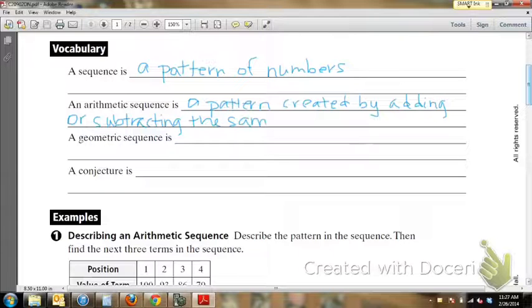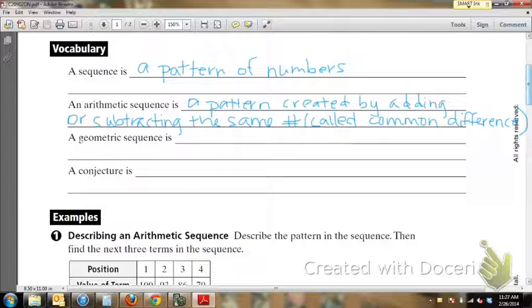And that same number is called the common difference. I know difference means to subtract, but the number that you're adding or subtracting each time is just called the common difference. And you'll see that in the first example.